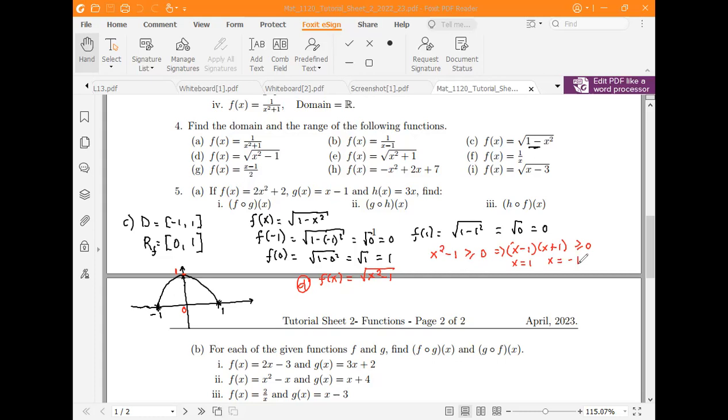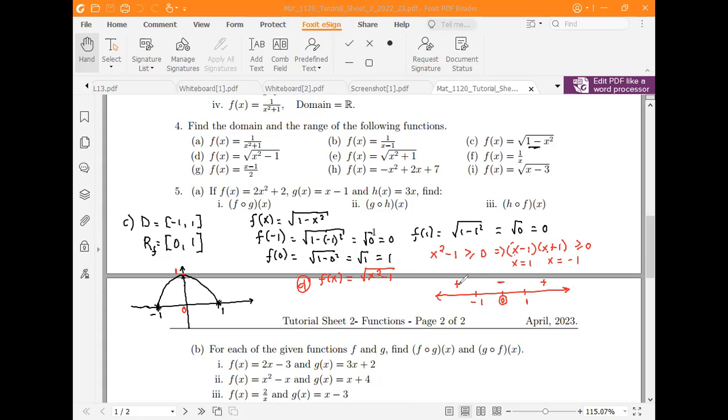So if we go back to the number line, we have negative 1, positive 1. So if we pick 0, what are we getting? We substitute 0 here, 0 there, we get a negative value. So it means that the sides will be positive, positive. We want where it is greater or equal to 0, so where it is positive.